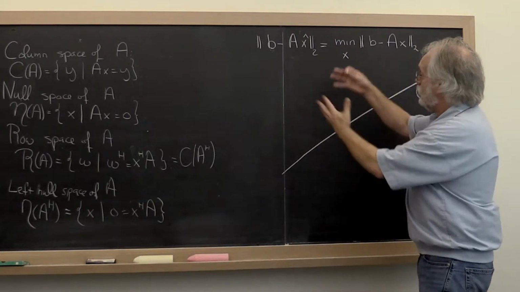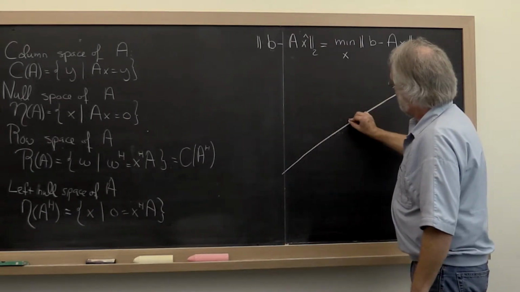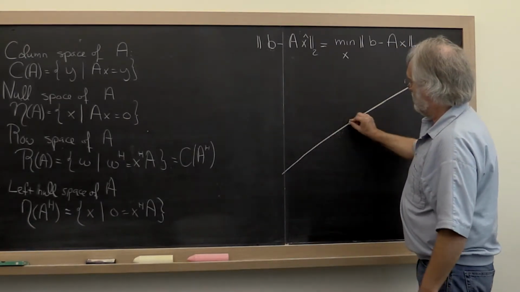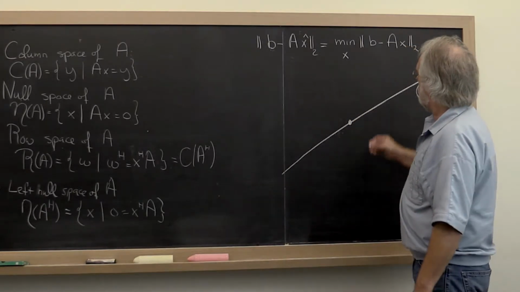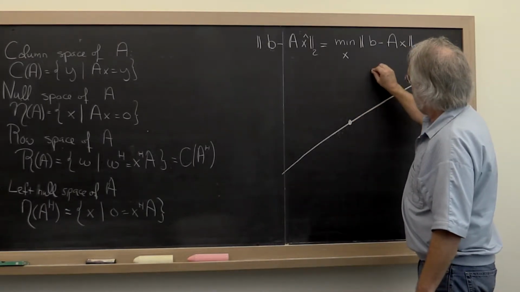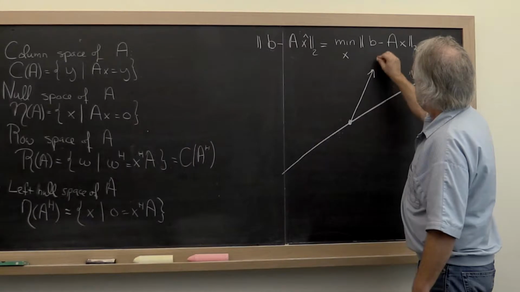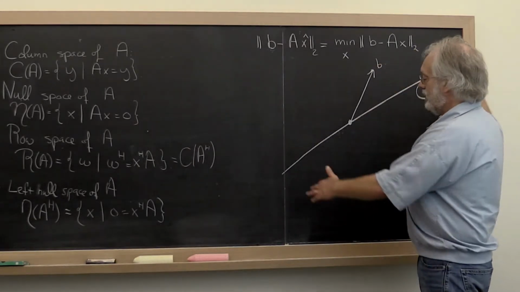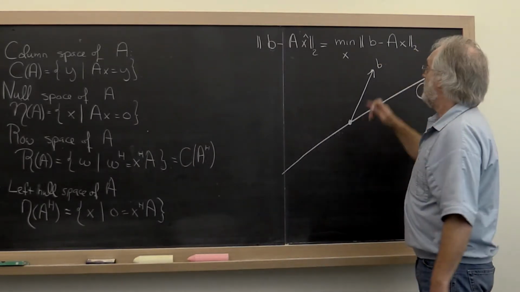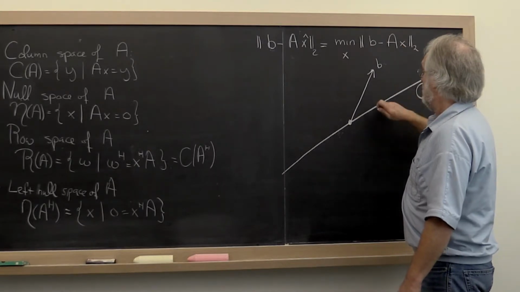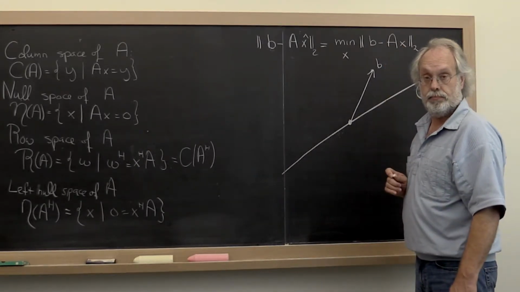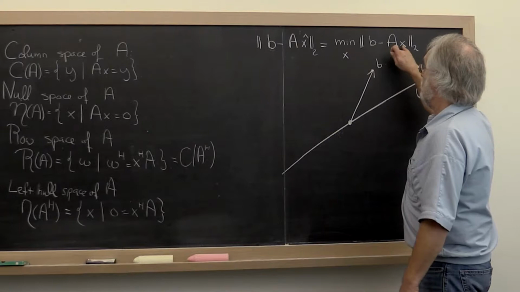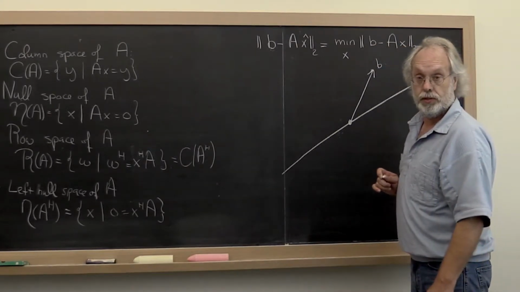Let's put the origin in there somewhere just as a reference point. And what we have is a vector b that is not necessarily in the column space of A. Obviously, if it is in the column space of A, then we could exactly solve this problem. Then the minimum would be when this is equal to 0.